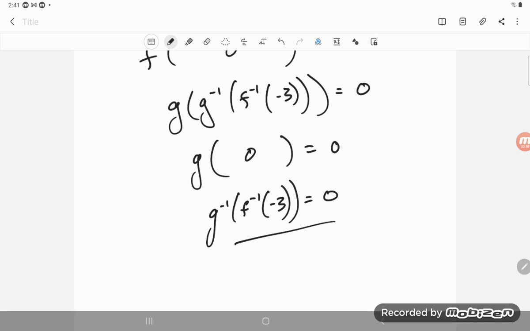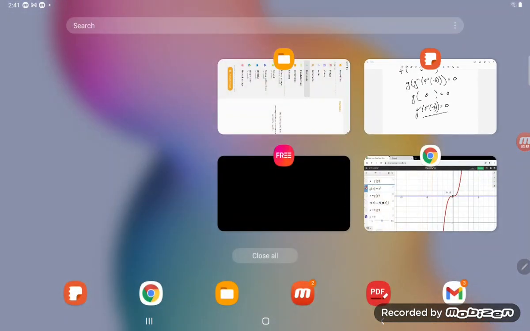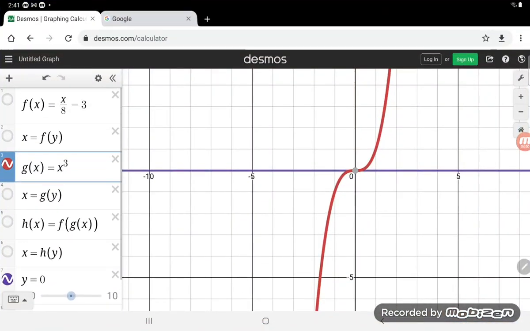Now, going back to the technology, I had f of x, and we saw the trick that if I do x equal f of y, I can get the inverse function. And I put in g of x, and I could also plot the inverse function x equals g of y.